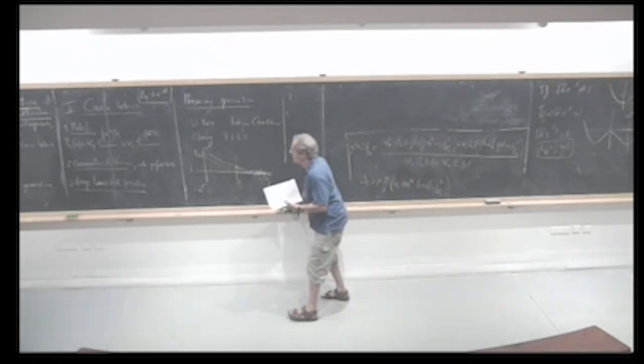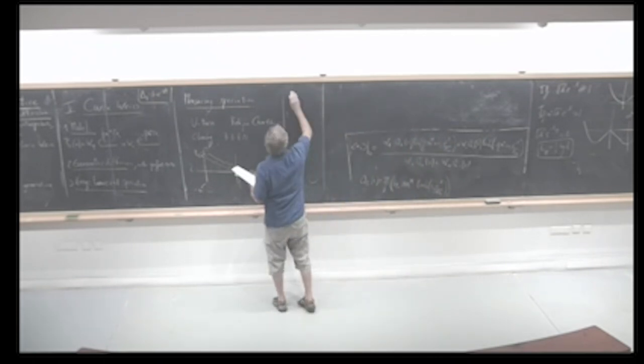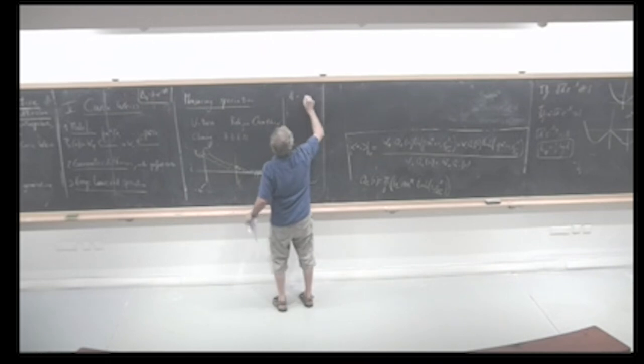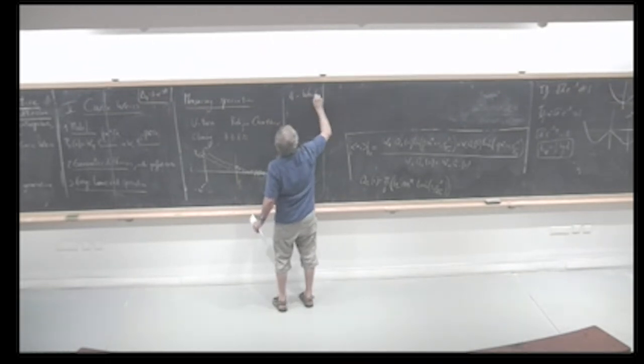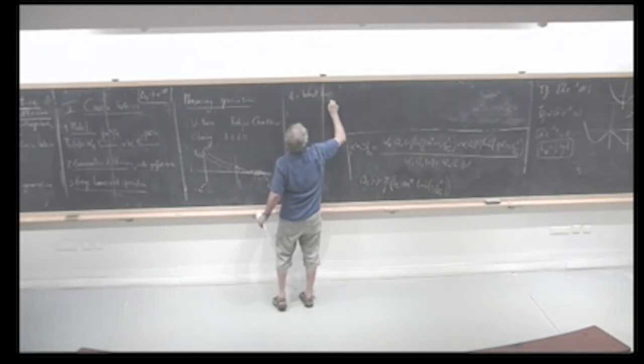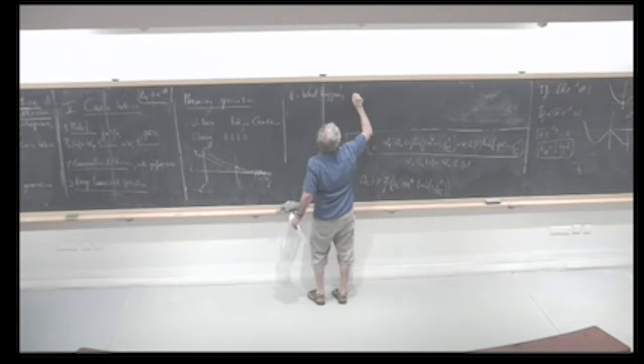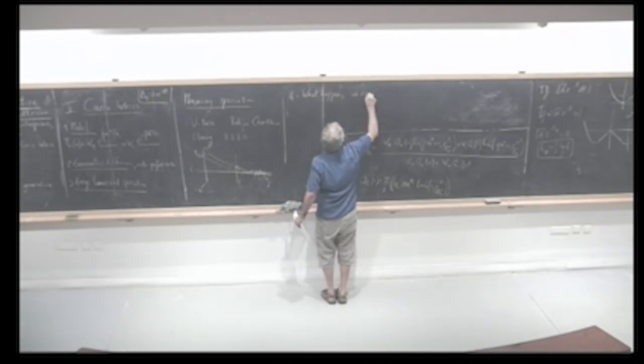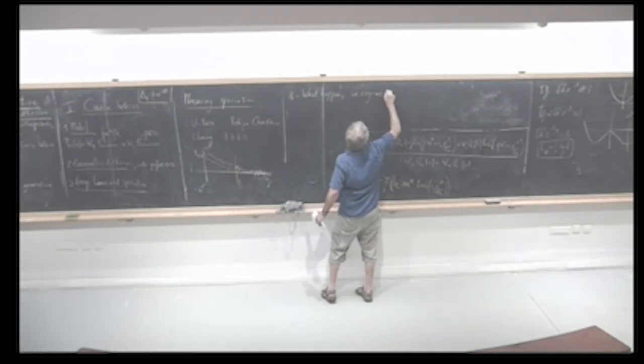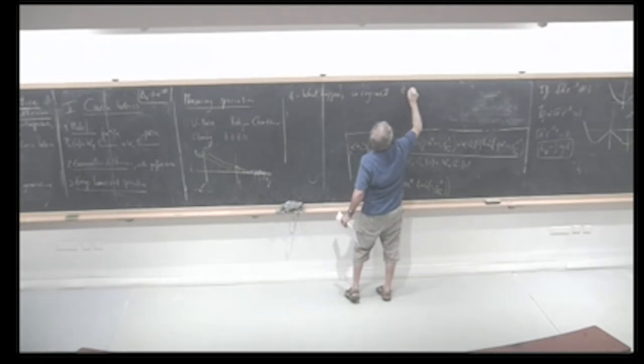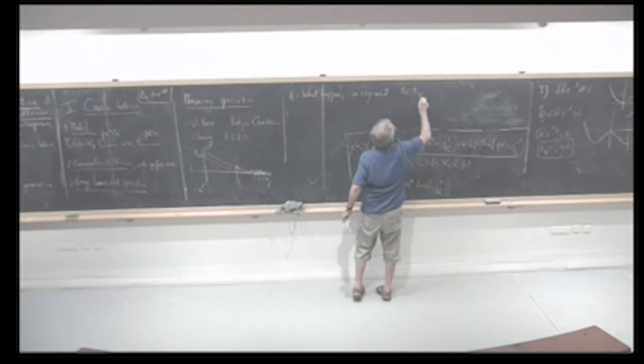Then maybe one last point that I want to discuss, still using my Curie-Weiss model, is what happens in regime 2. Regime 2 is when t is less than speciation.